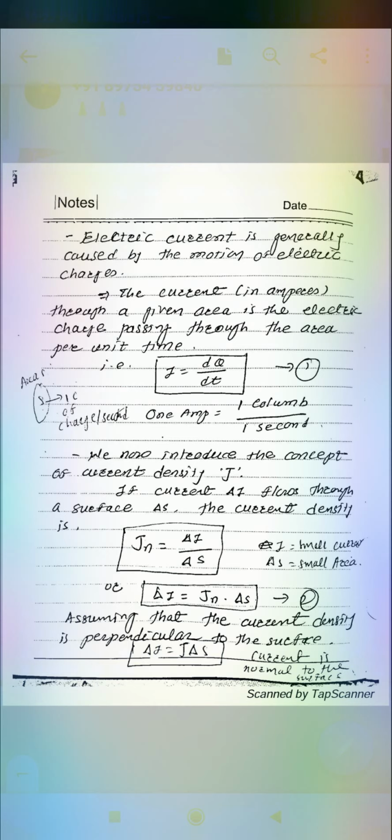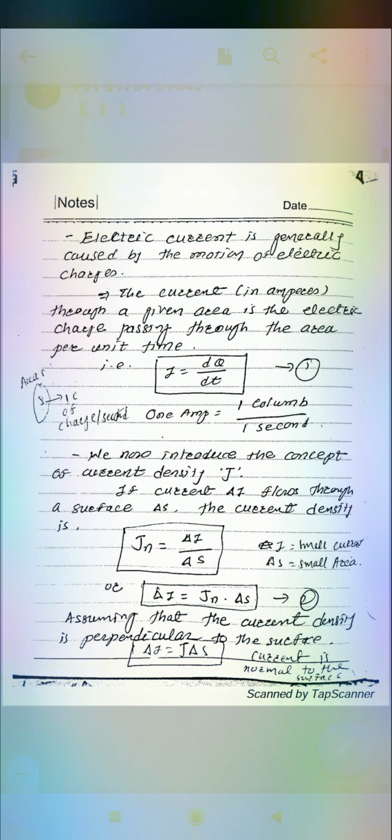The charge passing through the specified area per unit time is called current. Current is measured in ampere, the unit of charge is coulomb, and time in second. Therefore 1 ampere is equal to 1 coulomb divided by 1 second.